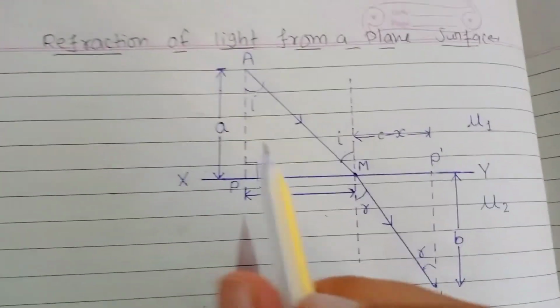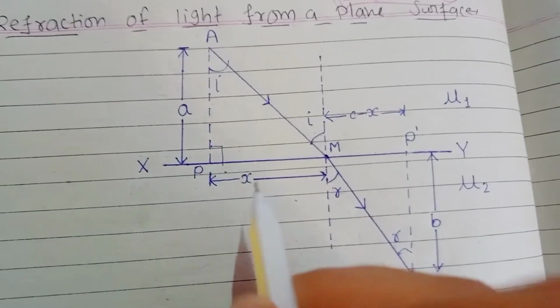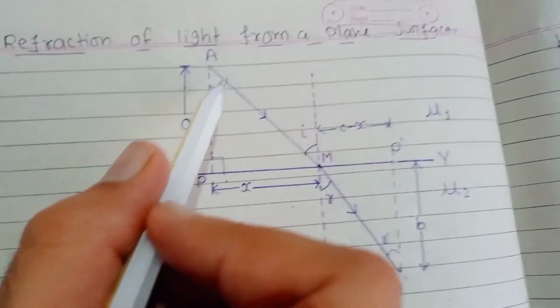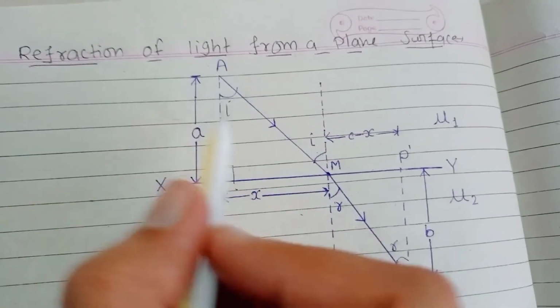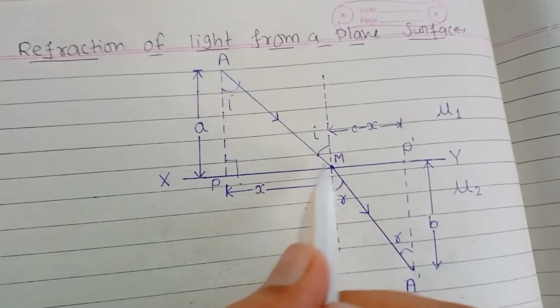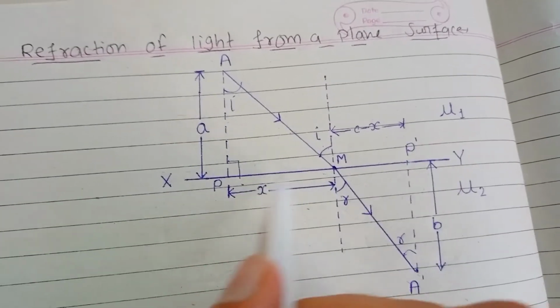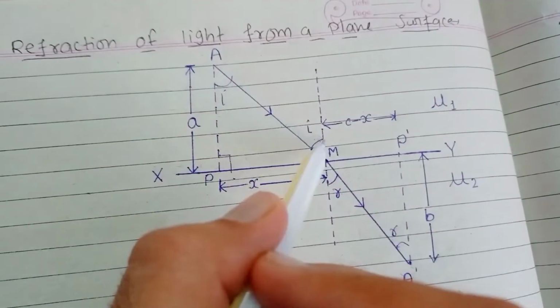I will explain you. We know that sine of any angle is equal to the perpendicular upon hypotenuse. So here if we take angle I, the perpendicular will be MP or PM and the hypotenuse will be AM.